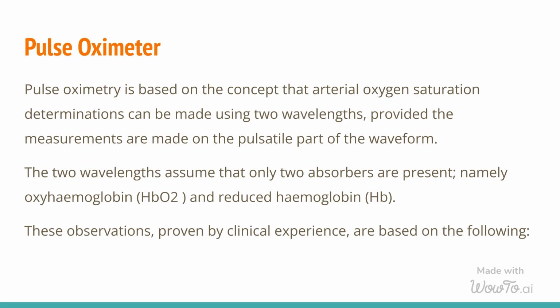Pulse oximeters are commonly used in medical settings, such as hospitals and clinics, to monitor patients' oxygen levels and quickly detect any potential respiratory issues or oxygen deficiencies. They are also increasingly being used by individuals at home to monitor their own oxygen levels, especially for those with respiratory conditions or during physical activity at high altitudes.